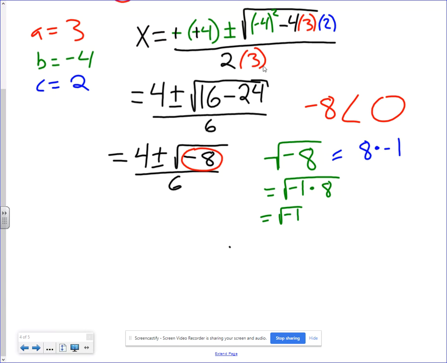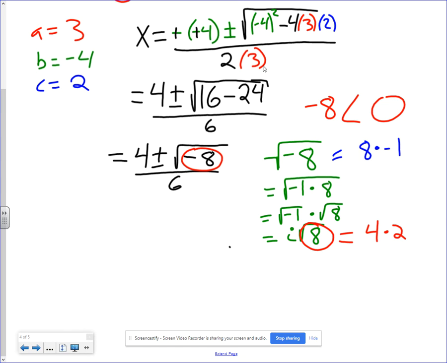We can separate them, and then we know that from our imaginary numbers section, the square root of negative 1 is just equal to i, times the square root of 8. But if you notice on this one, we can simplify the square root of 8 further, because 8 is divisible by 4. 8, we know, is 4 times 2.